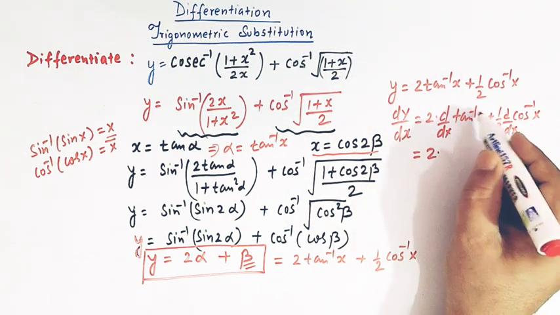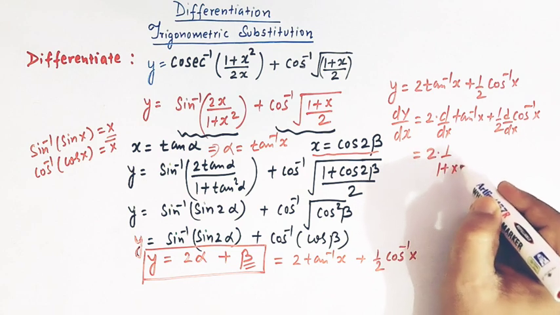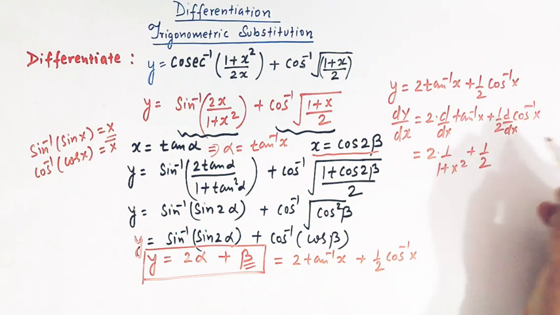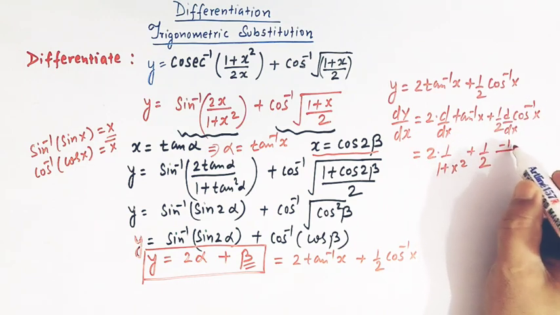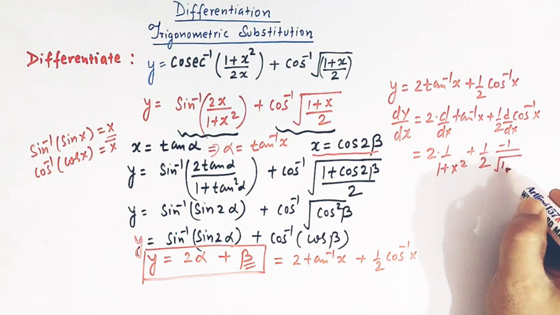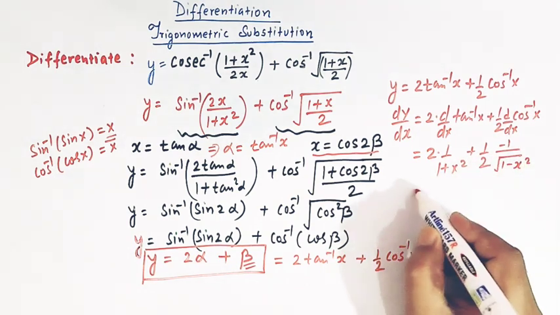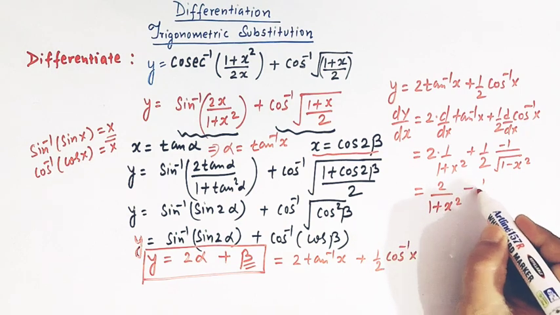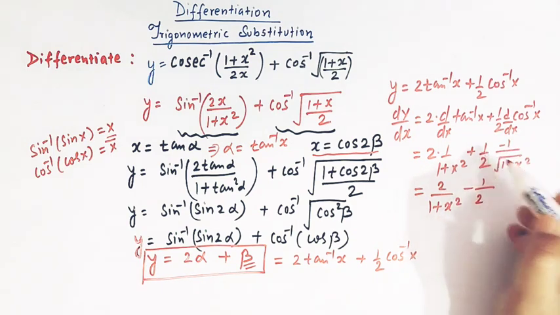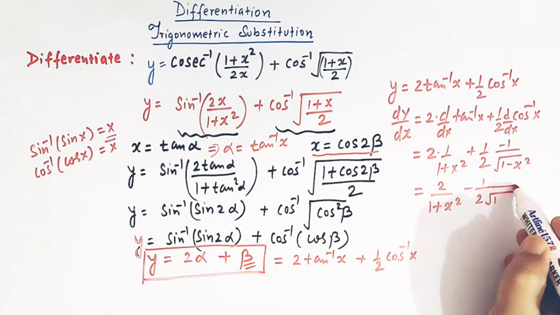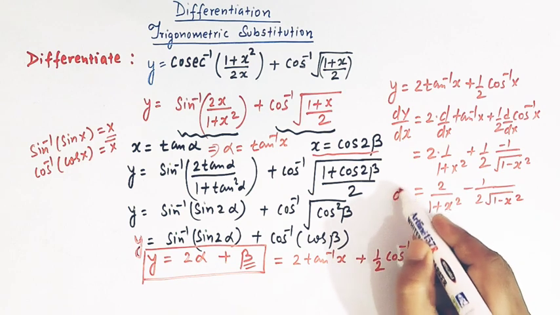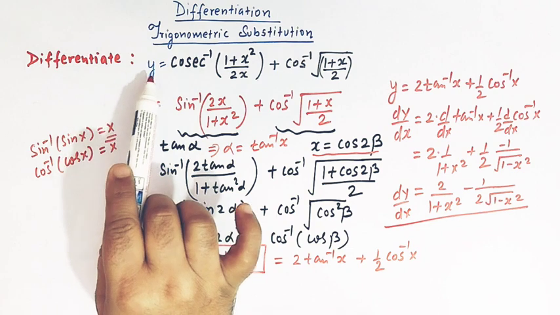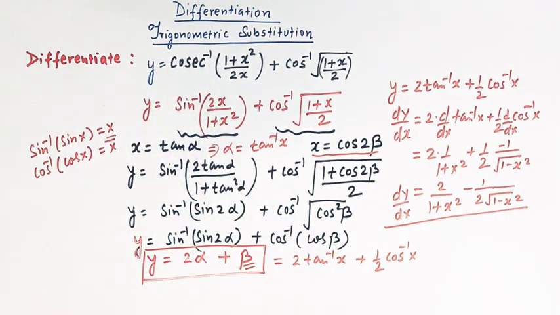So derivative of tan inverse x is 1 over 1 plus x square, and here we have half, and derivative of cos inverse x is minus 1 divided by square root of 1 minus x square. So we have 2 over 1 plus x square, and here we have minus 1 over 2, and here we have square root of 1 minus x square, right? So this is the required derivative of this function with respect to x, right?